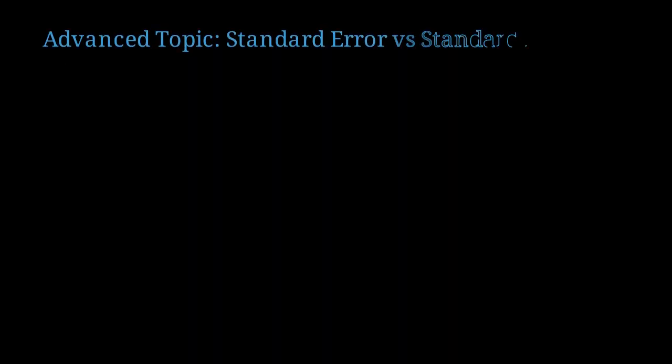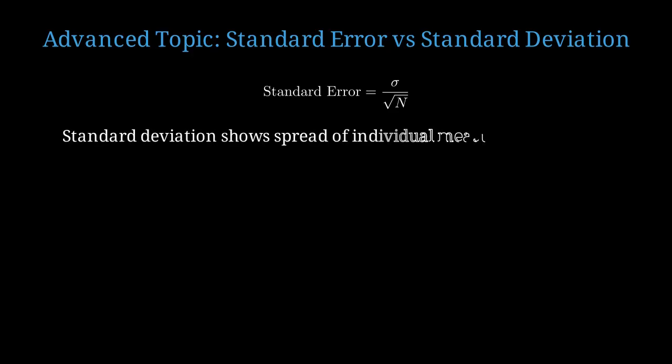An advanced topic. Should you use standard deviation or standard error of the mean for your error bars? The standard error equals the standard deviation divided by the square root of the number of measurements. Standard deviation shows the spread of individual measurements. It tells you how much variability exists in the measurement process. Standard error shows how precisely you've determined the mean value.